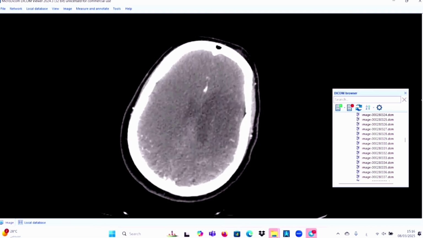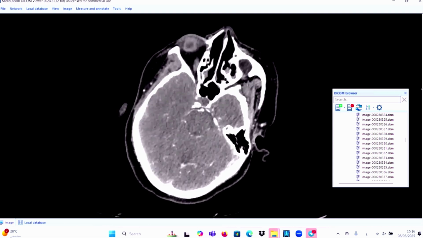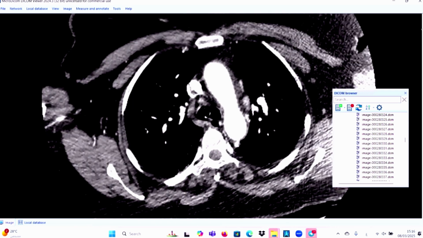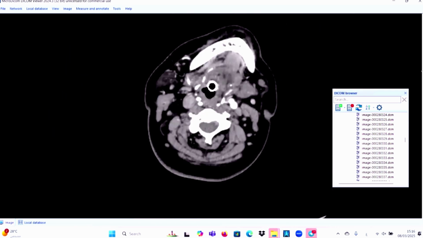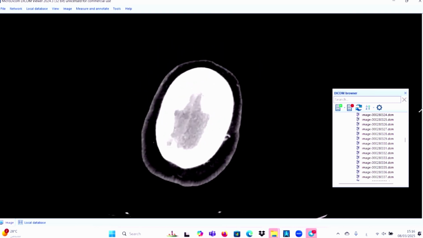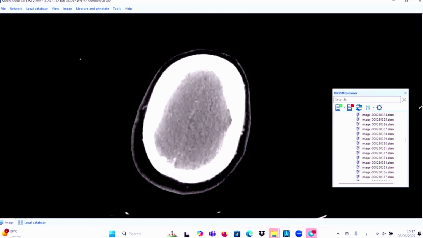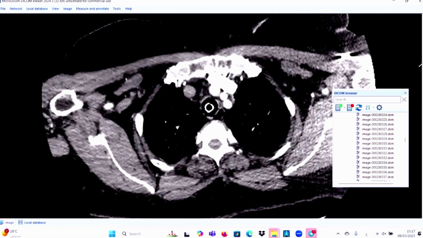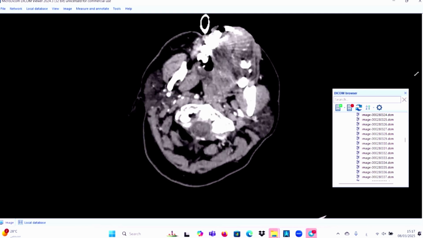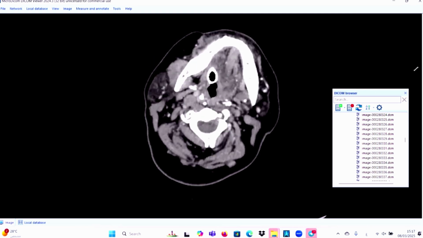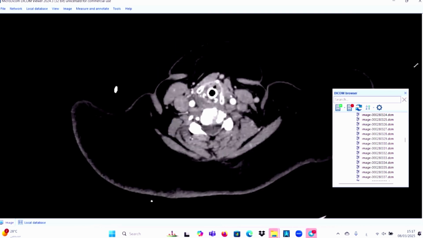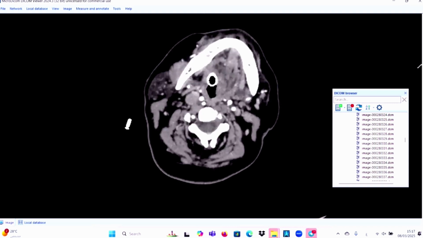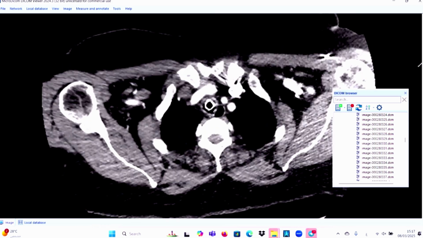The second teaching point, regarding the technique itself: I prefer to take two series of images, one from down to up to finish the whole brain, and a second series from above to down consequently without any gaps in timing. Sometimes after injection of the contrast the patient may move or be irritable, so the second phase of contrast injection can help you to cover any missing data or missing segments during the scanning of the patient.